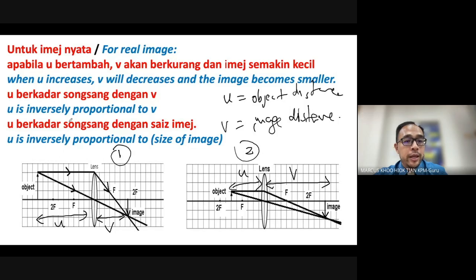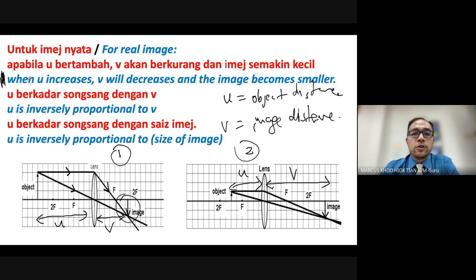For the V, in diagram 1, V is smaller than in diagram 2, which tells us that the further you are away from the lens, the nearer your image is going to be. On top of that, the image also becomes smaller. If you're going to copy anything, this first line is very important. When U increases, V decreases. The image distance decreases and the image becomes smaller.